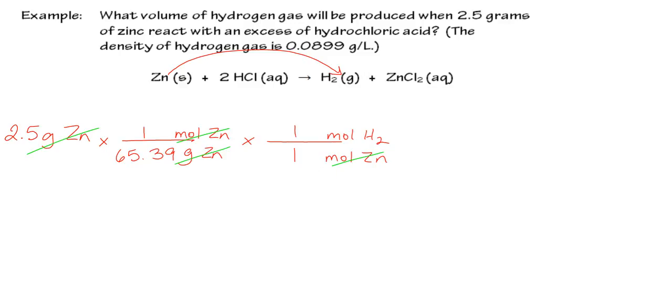Well, let's switch this to grams of hydrogen. Let's tack on another proportion, get this out of moles, and switch it to grams. That's not so bad. 1 mole of hydrogen should have the mass on the periodic table. It is diatomic, so we need to multiply the mass by 2.